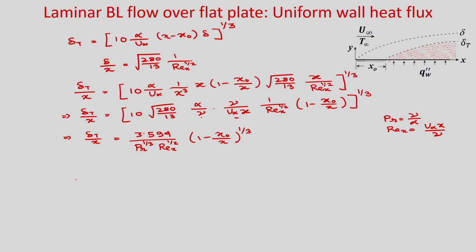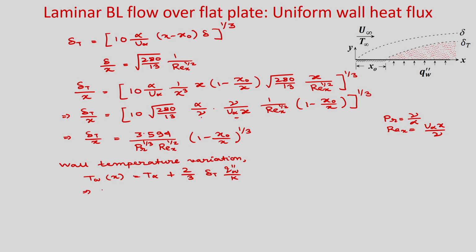So, if you put this delta t by x, then you can get your wall temperature variation as T_w(x) is equal to T infinity plus 2 by 3 delta T q double prime w by k.